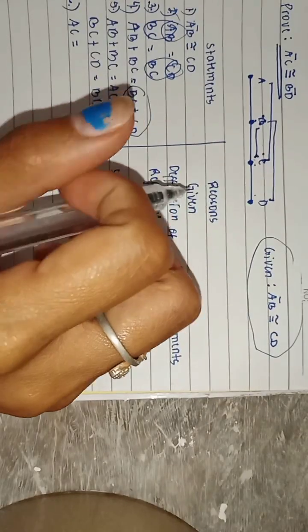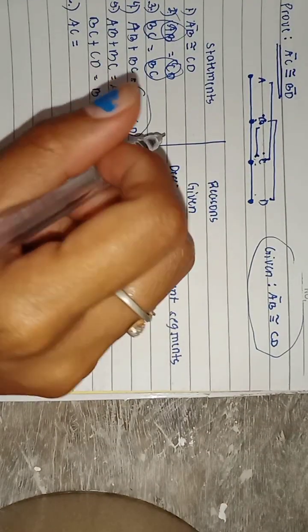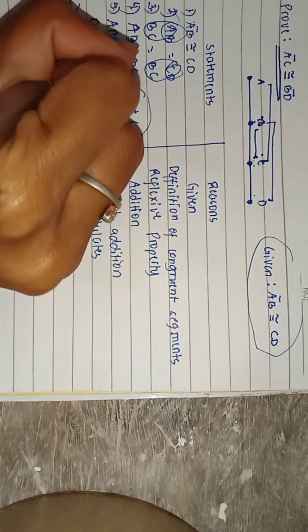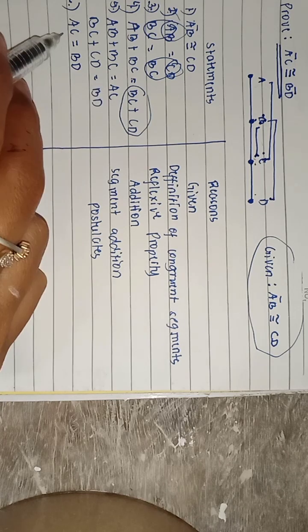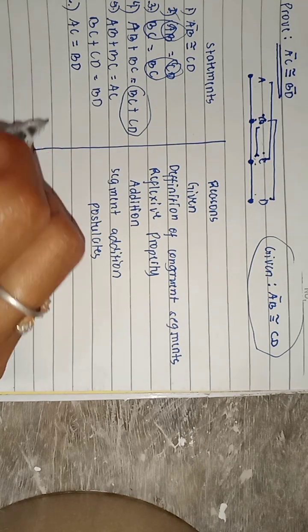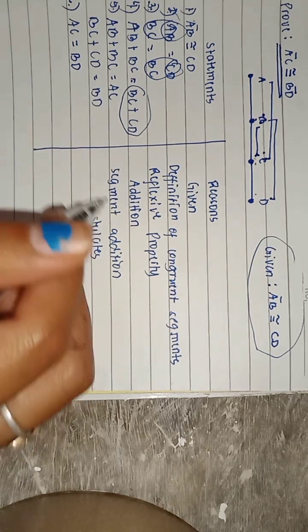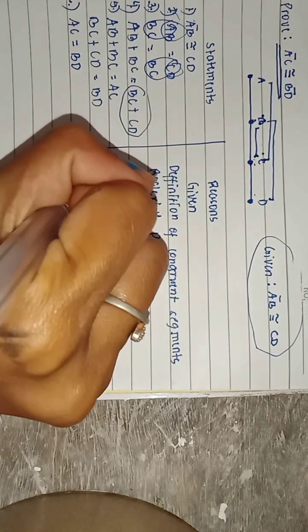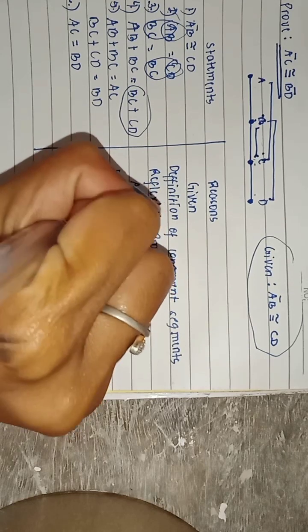So we're gonna substitute BC plus CD with BD. We're gonna write this as BD. So AC is equal to BD. And our reason here is the substitution property.